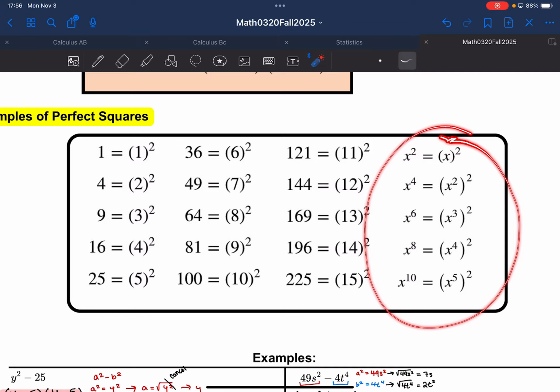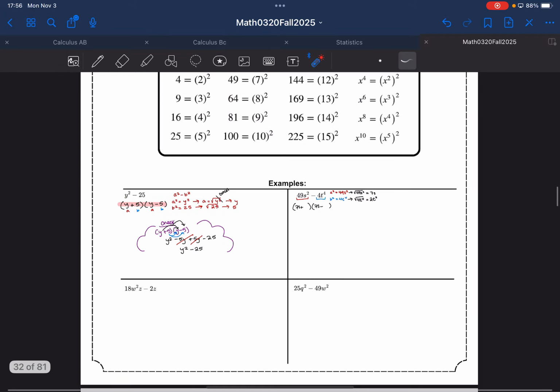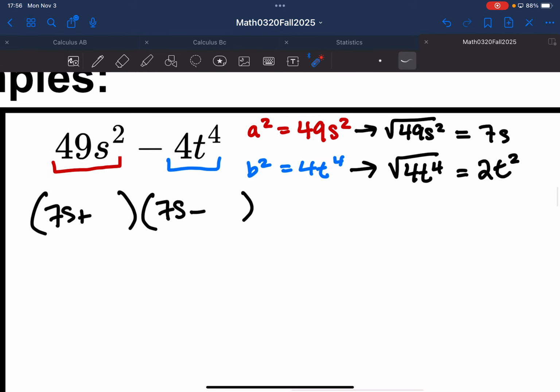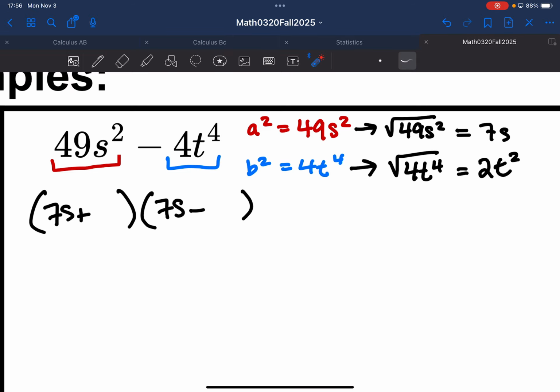Okay, and this is where we're able to say, x to the fourth, if I take the square root, is just x squared, and of course, the x's are the same as saying s or t. And so on the other part, I'm going to have 2t squared for each one. So this would be my answer: 7s plus 2t squared times 7s minus 2t squared.